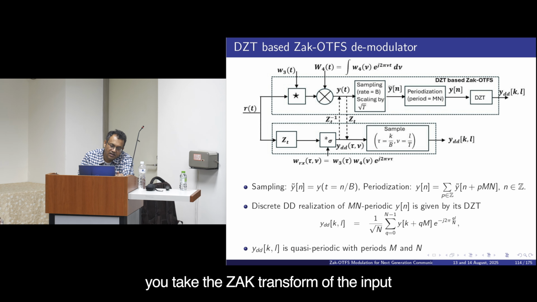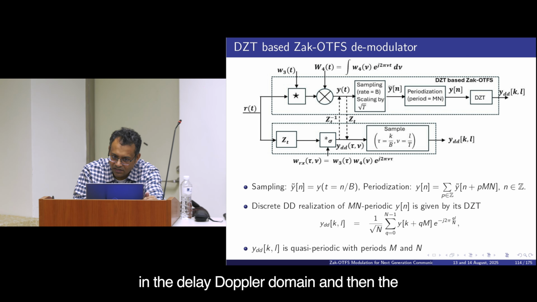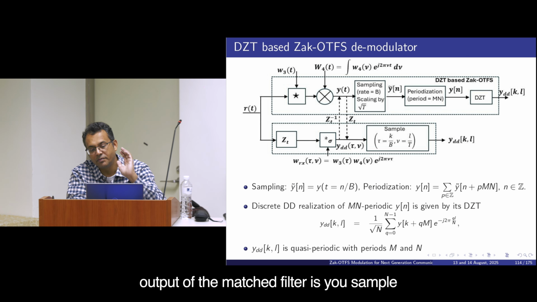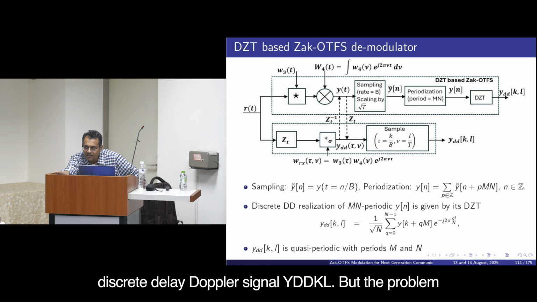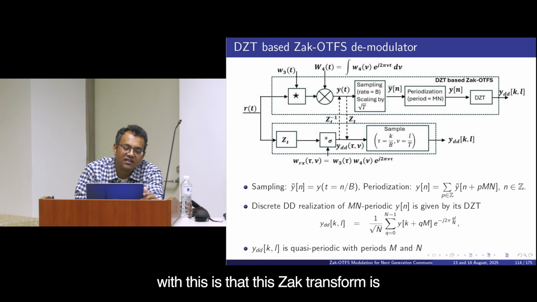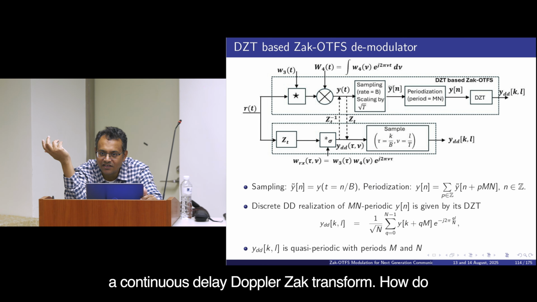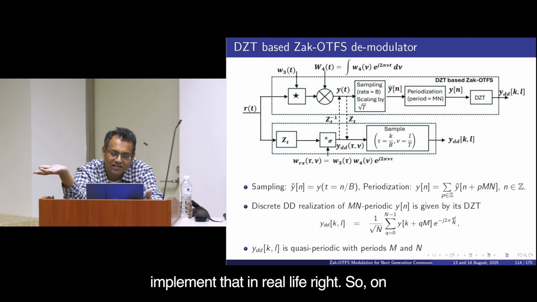You take the Zak transform of the input signal, you go to the delay Doppler domain, and then you do the matched filtering in the delay Doppler domain, and then you sample the output of the matched filter. That is how you get the received discrete delay Doppler signal Y_DD[k,l]. But the problem with this is that this Zak transform is a continuous delay Doppler Zak transform. How do you implement that in real life? You can't implement that in real life, right.